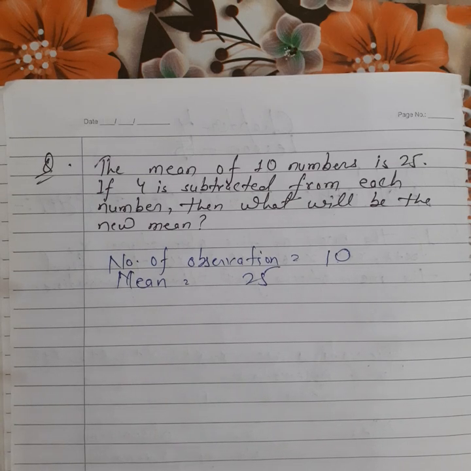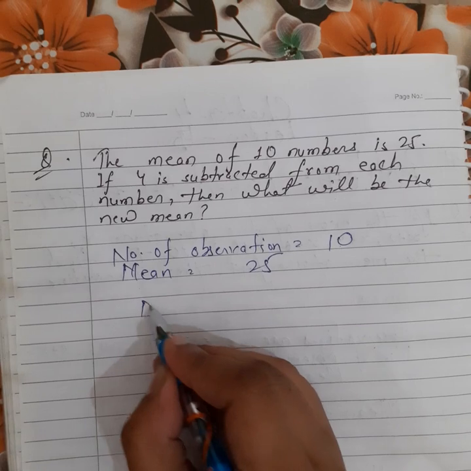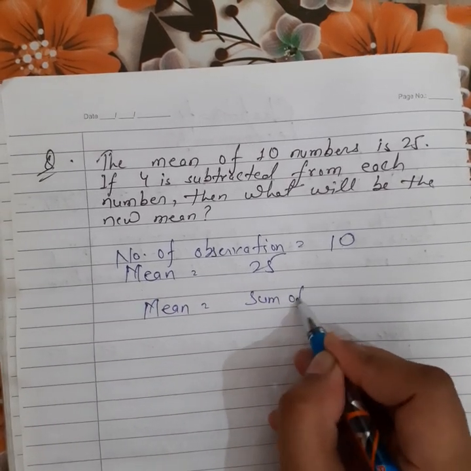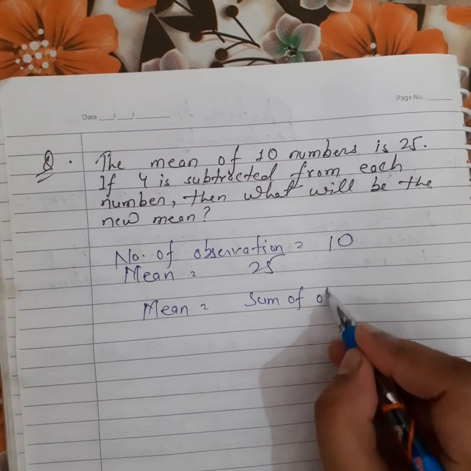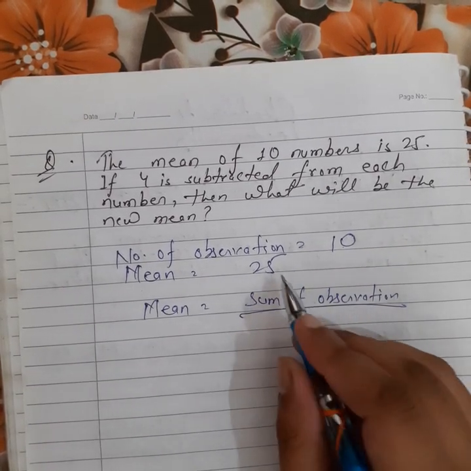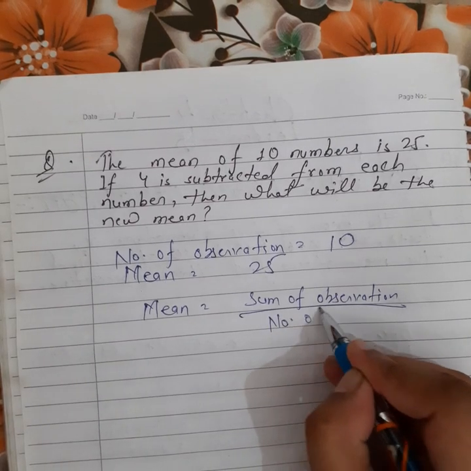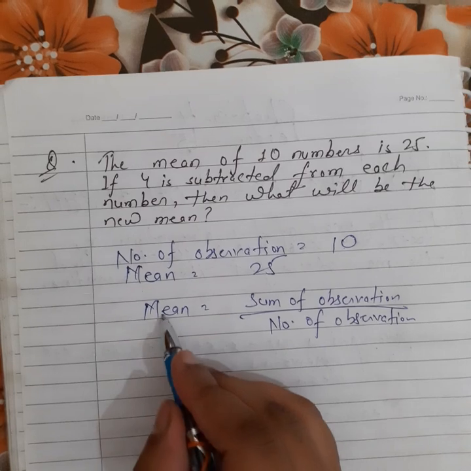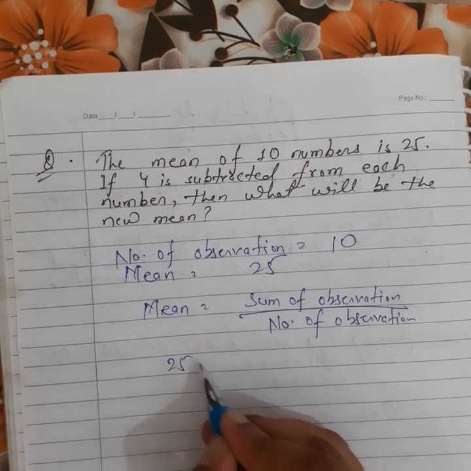First we have to find the sum of observations. What we know? We know that mean is equal to sum of observations by number of observations. Mean is 25.